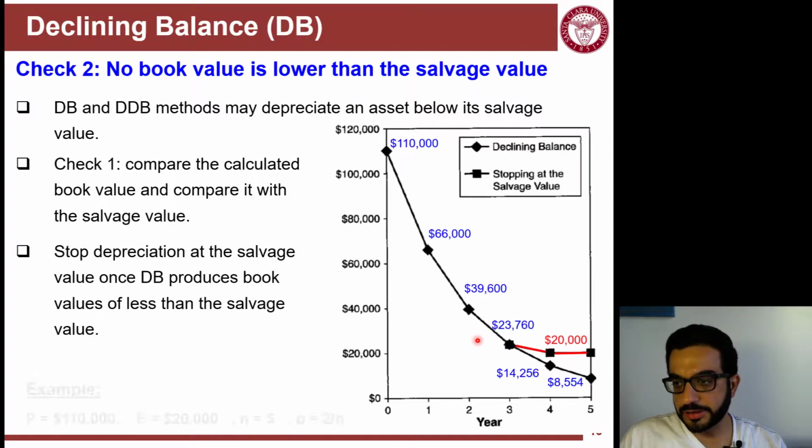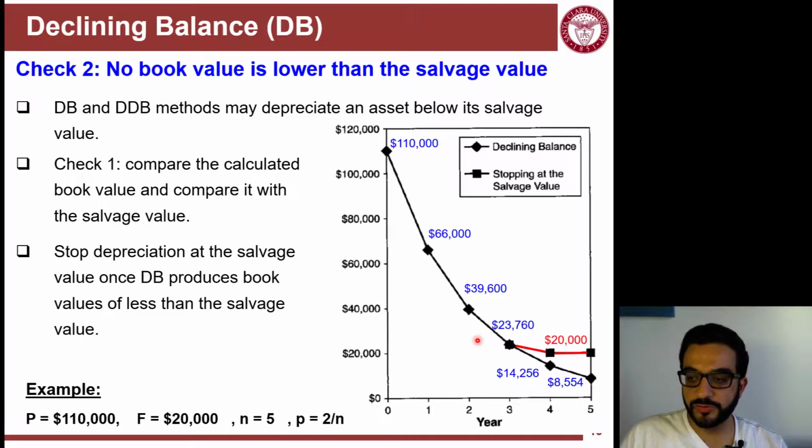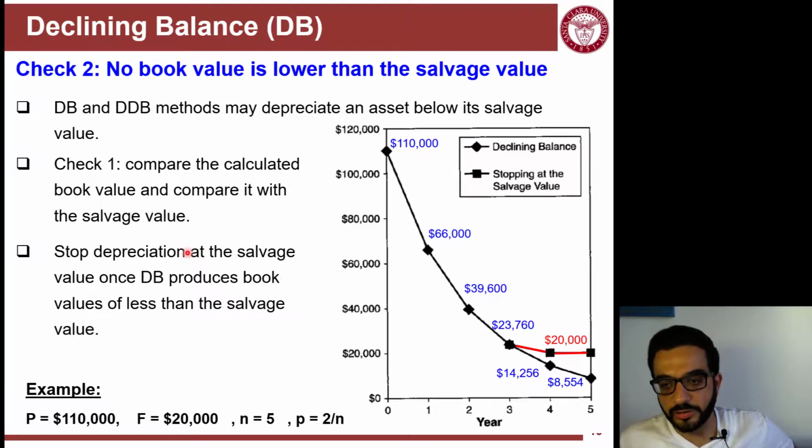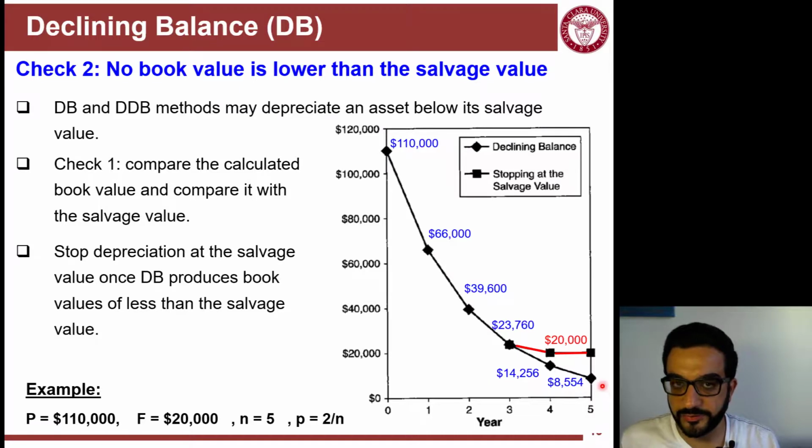So here the idea is you will first always calculate using the declining balance, but every year you will check that the calculated book value is more than the salvage value.